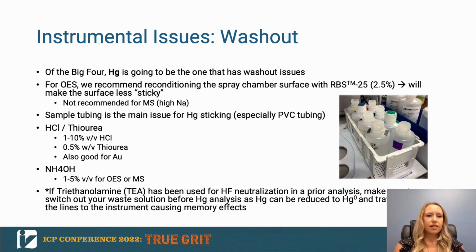What this does is it conditions the surface of your spray chamber, which is going to prevent any larger droplet formations, which are going to cause higher memory effects or more sticking throughout your analysis. We don't recommend using RBS 25 for mass spec because of the very high sodium content, because that's going to cause probably more issues than you're fixing when you run it on a mass spec.